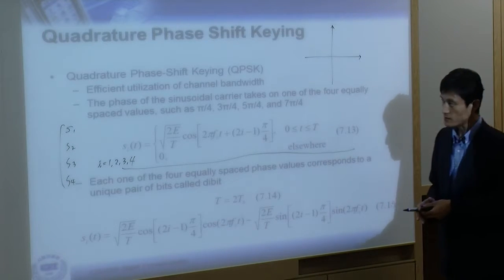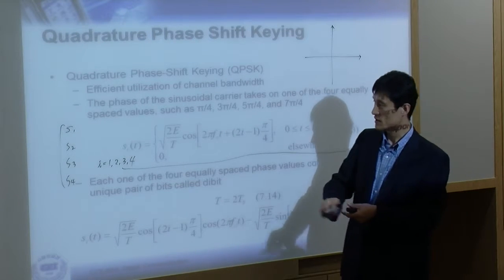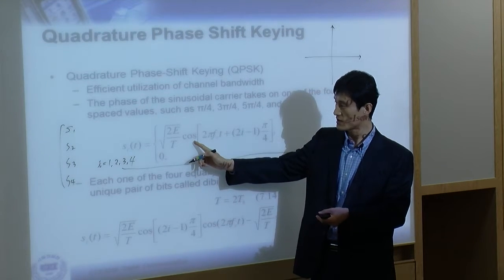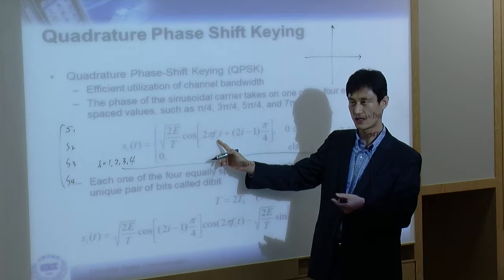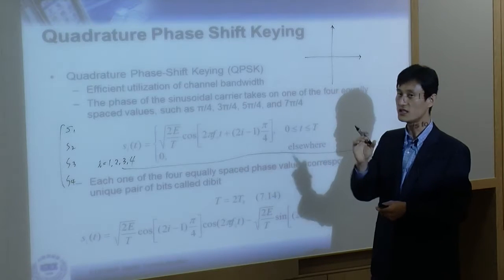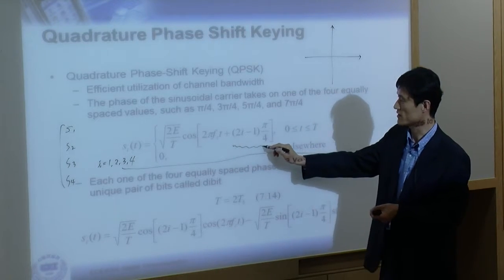Okay? And what you can see in this picture is that we use the same cosine carrier, 2 pi Fc. Fc is the carrier frequency, same as BPSK. The only difference between BPSK and this QPSK is this term.